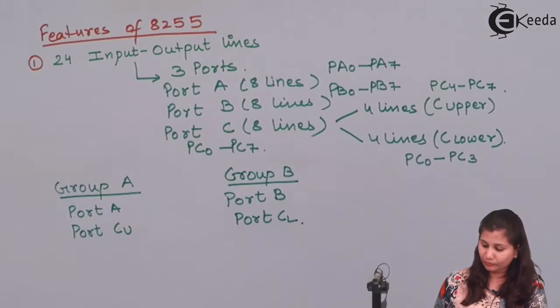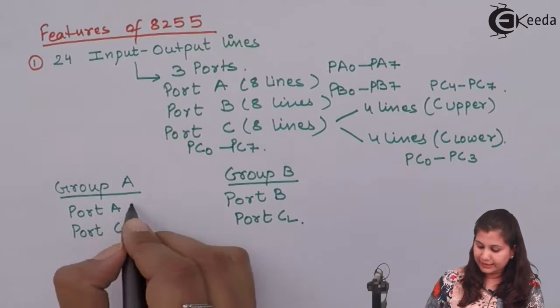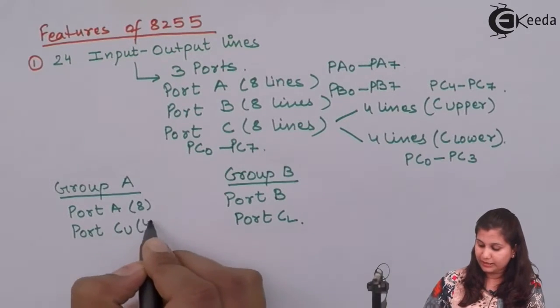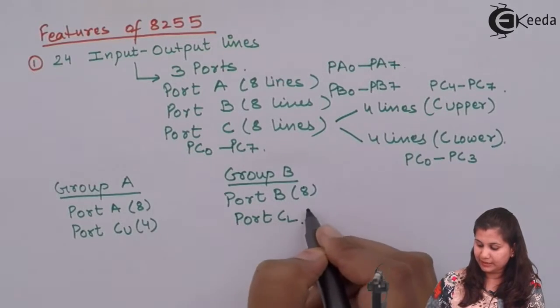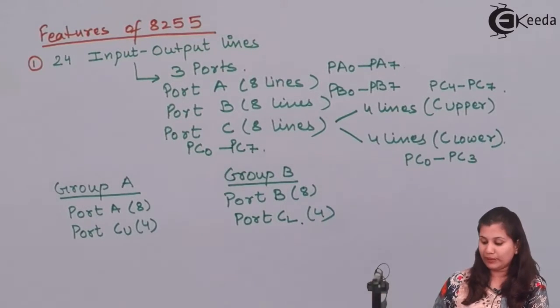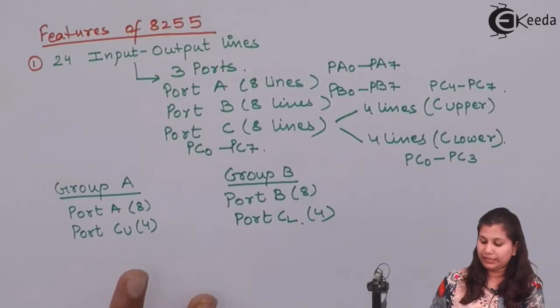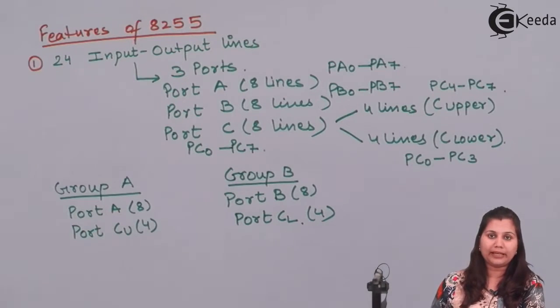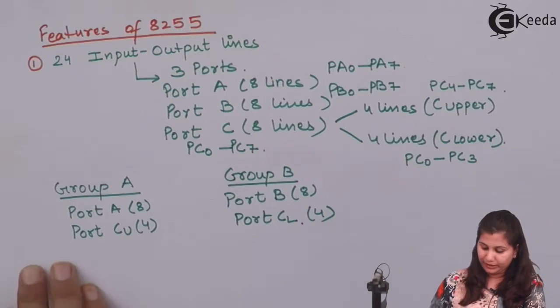Okay. So port A has 8 lines, then C upper has 4 lines, port B also has 8 lines, and C lower has 4 lines. So 12 lines are available in each of the groups, group A and group B.